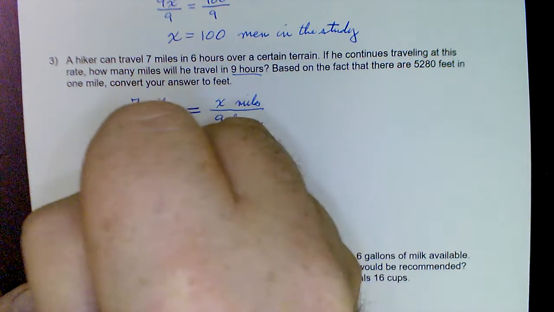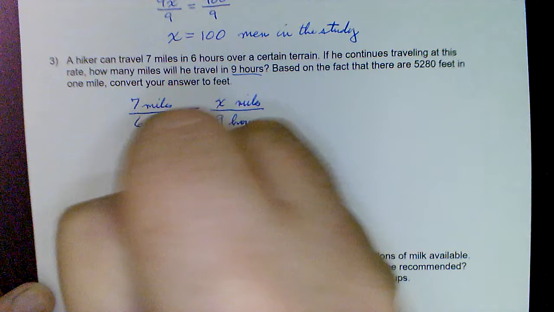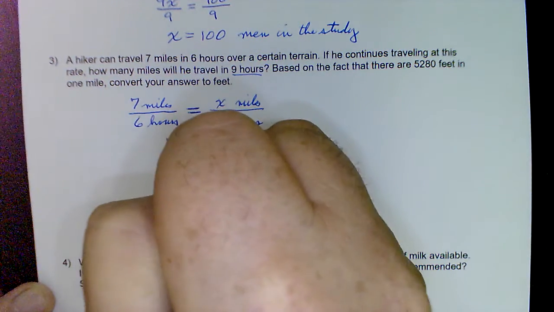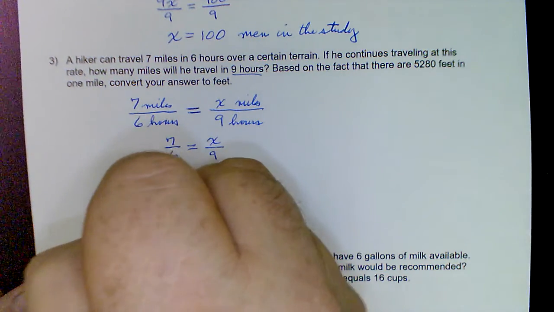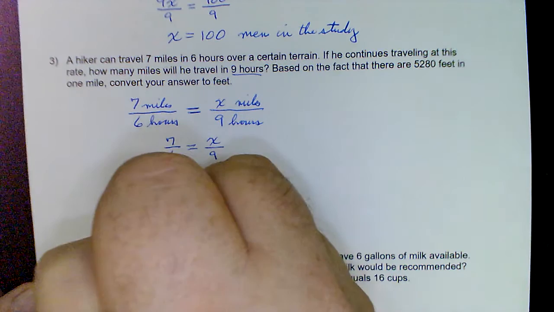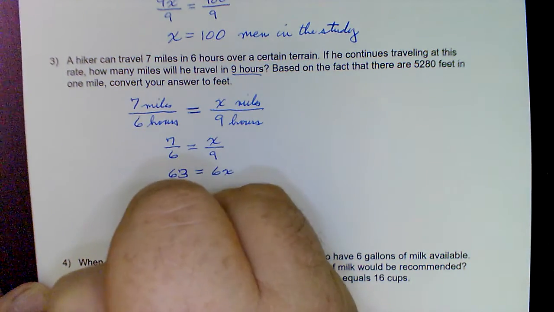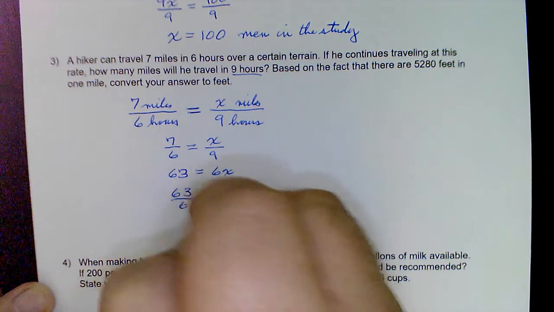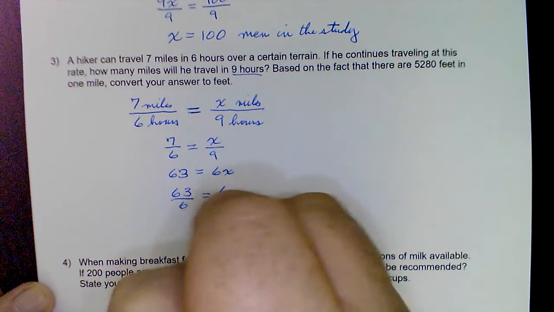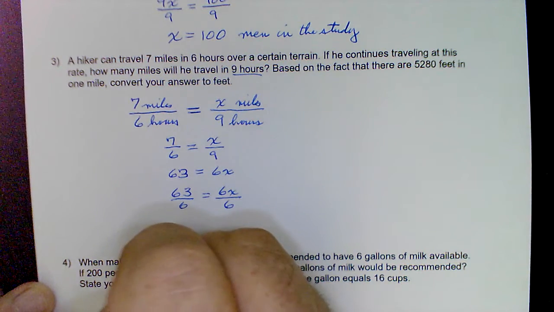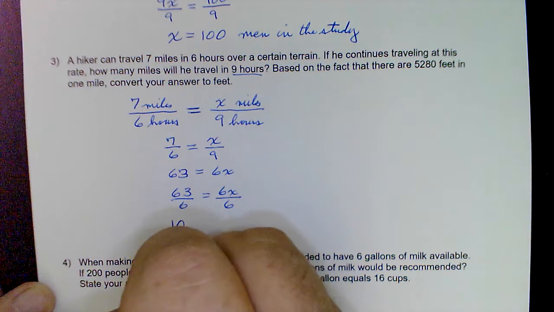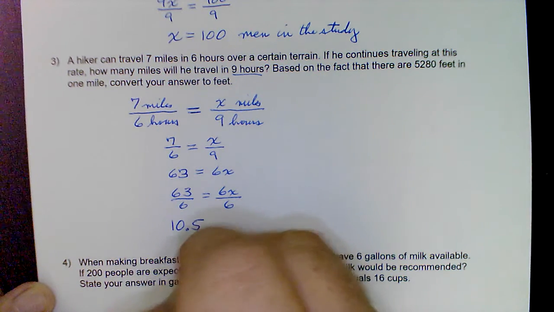Okay, drop the units. 7 over 6 equals X over 9. Cross multiply. 9 times 7, 63, equals 6x. Divide. Dividing by 6. And we get, use your calculator, it comes out nicely, 10.5.